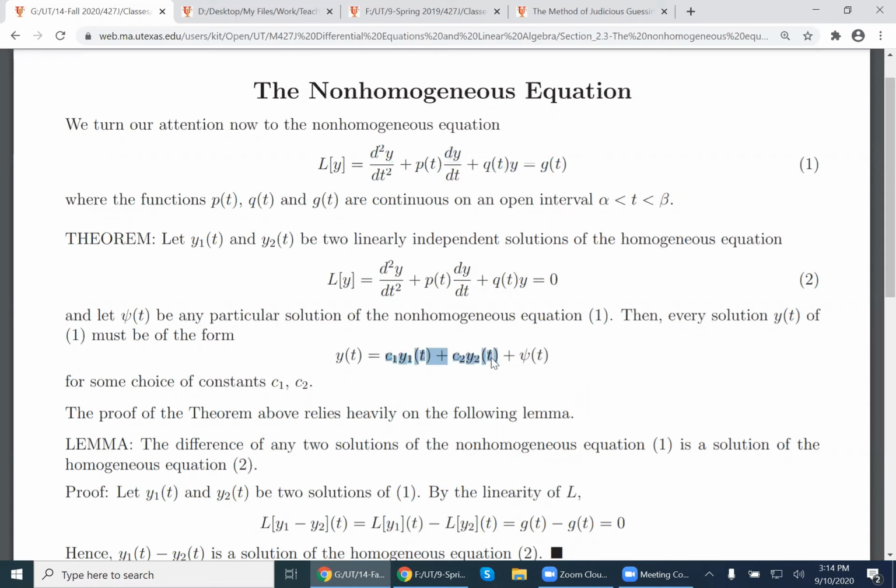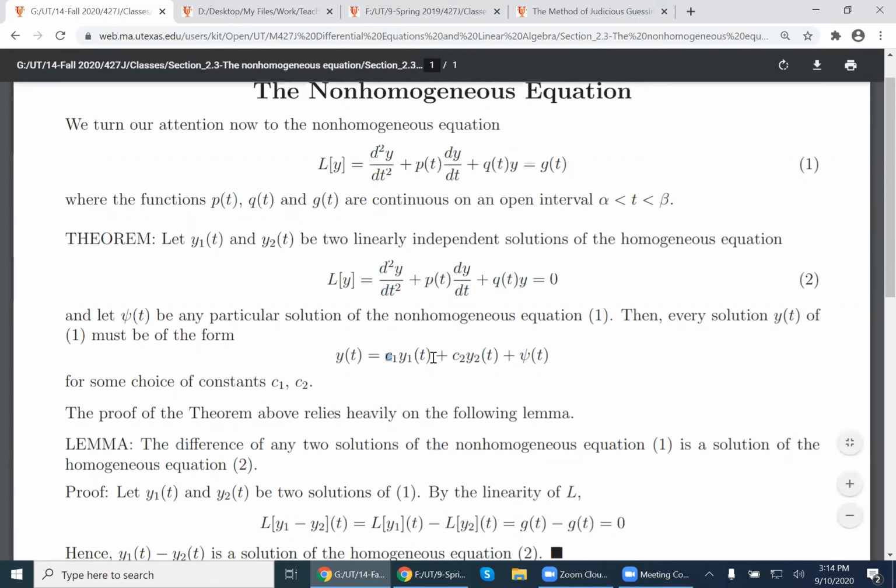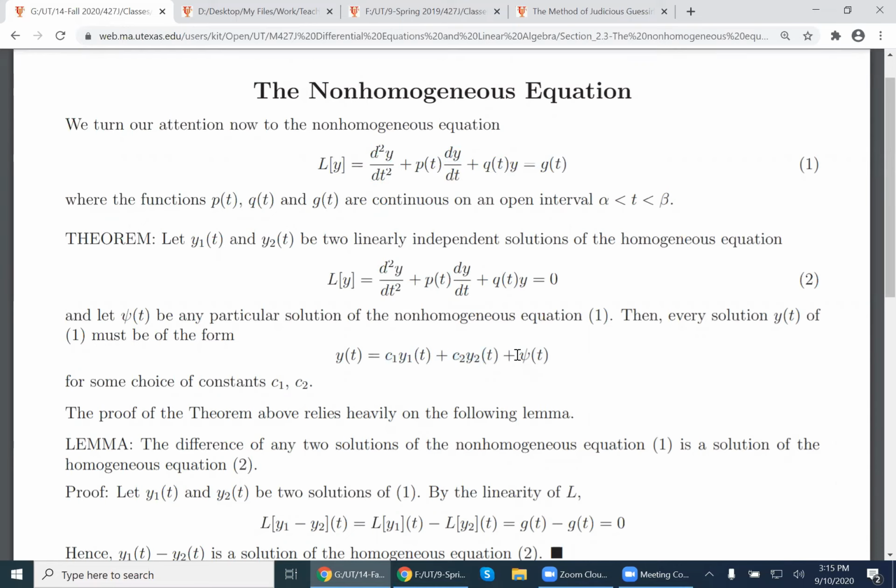Don't confuse this. This is the general solution, but not of this, of this. This is the general solution of this. This is a particular solution of this. The nature of these two parts is very different. This is the general solution, but not of the original equation.